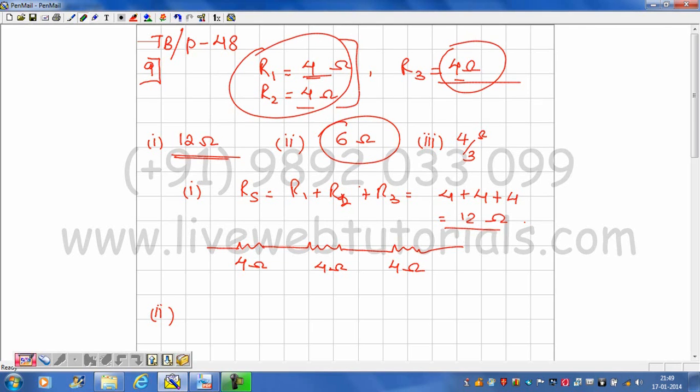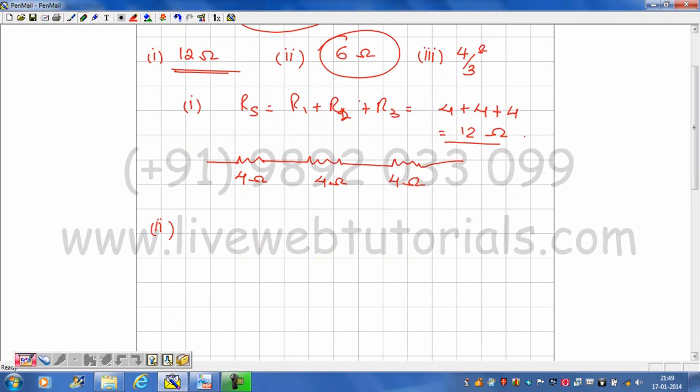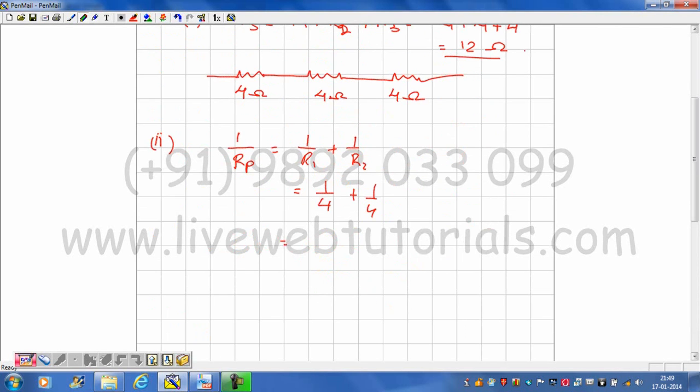First R1 and R2 in parallel. So the formula for Rp is 1 upon Rp equals 1 upon R1 plus 1 upon R2, that is 1 upon 4 plus 1 upon 4. 4 is the LCM, 1 plus 1, that's 2 upon 4, that is 1 upon 2. This is 1 upon Rp. So your resistance in parallel is 2 ohms.